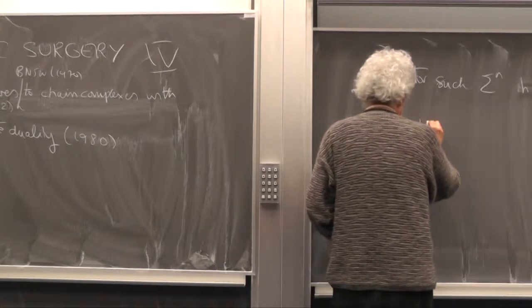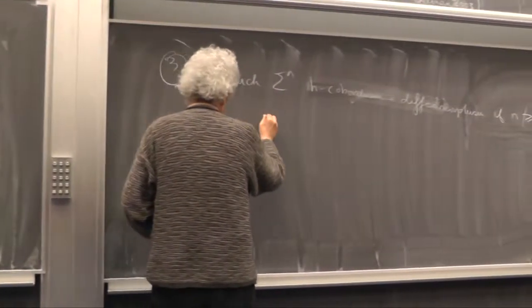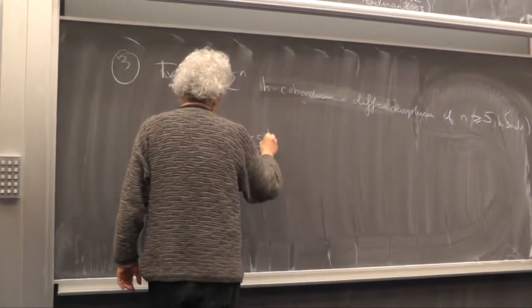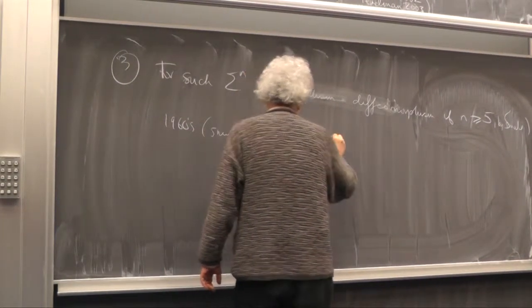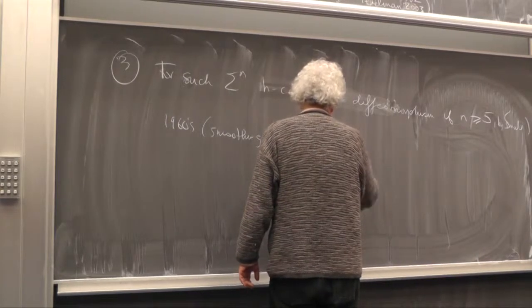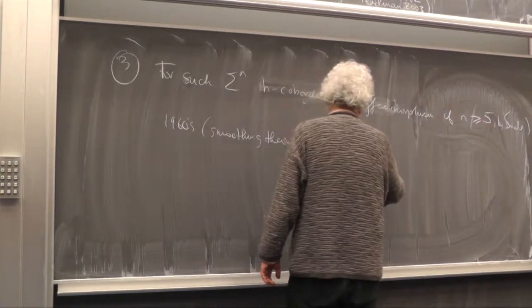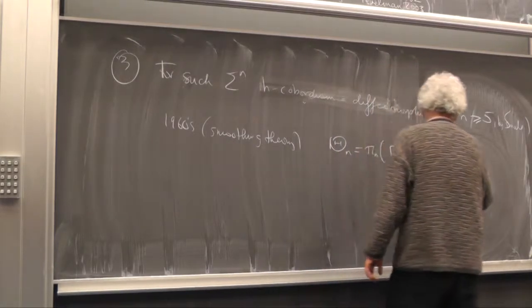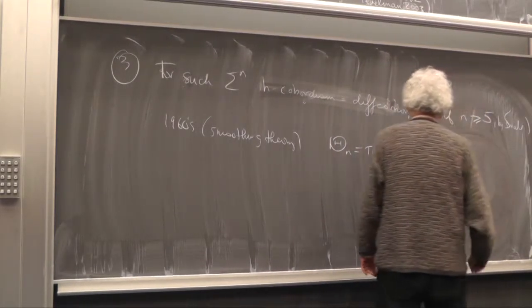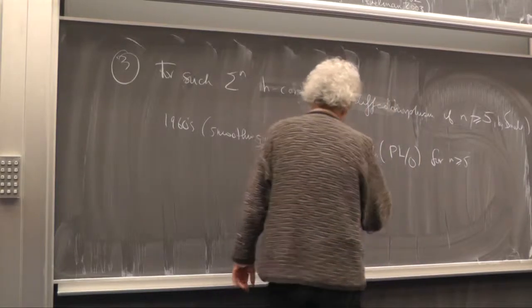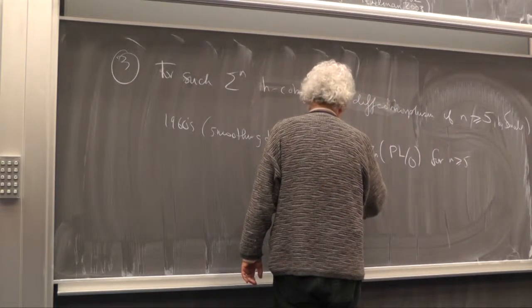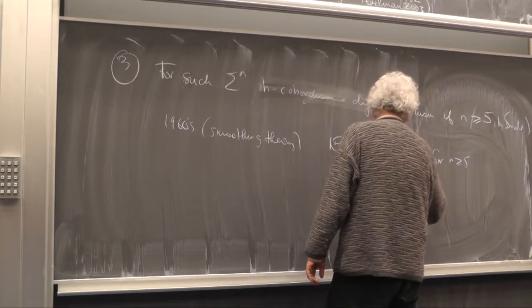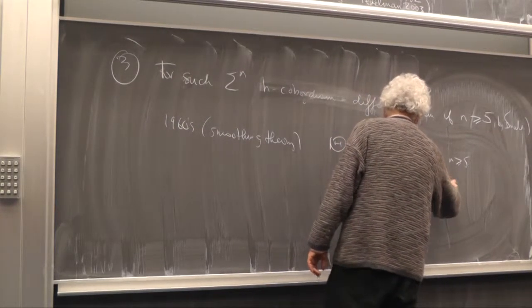It was known in the 1960s, smoothing theory, so-called, that theta n, and that in fact, I'm not quite sure whether it was known, but it's true, again, in the 5.